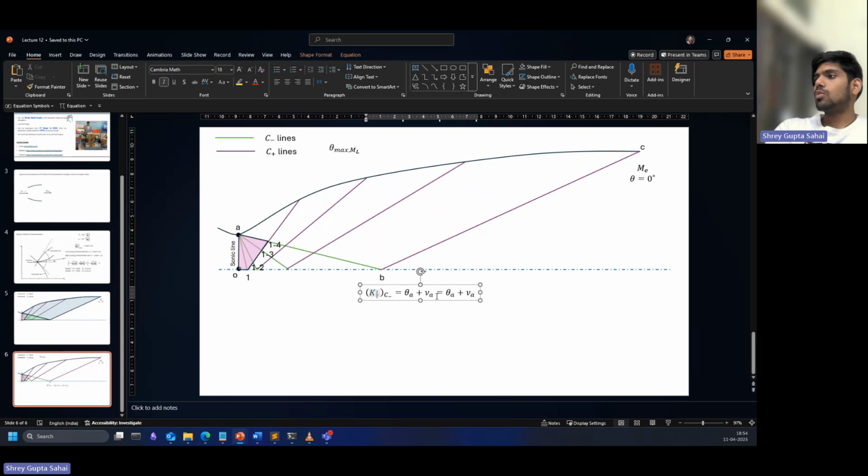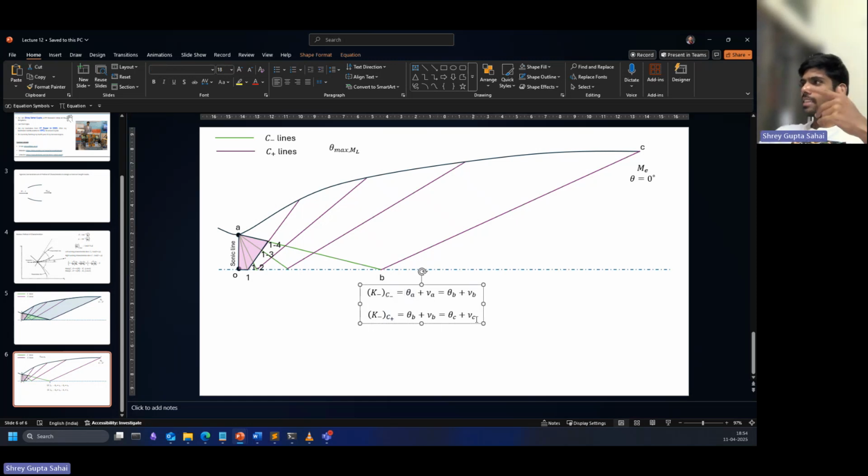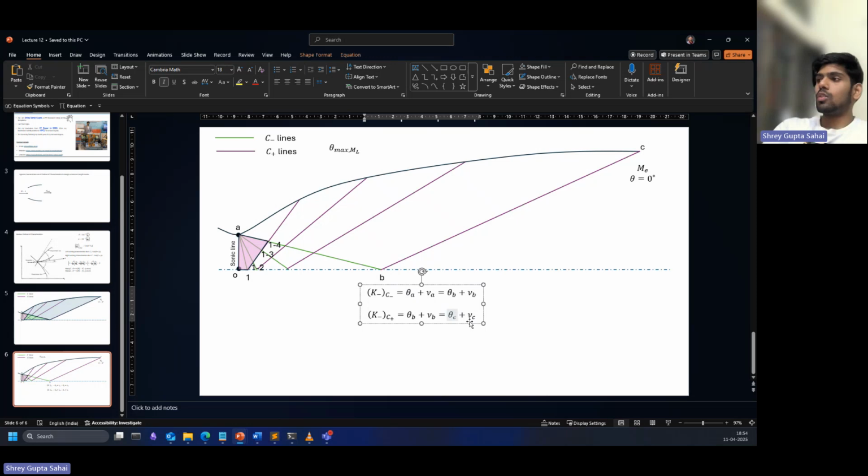And then we will also use this thing. Okay, so this right running line, you see at the exit, you know theta has to be 0. So theta C has to be 0. That is what you know.